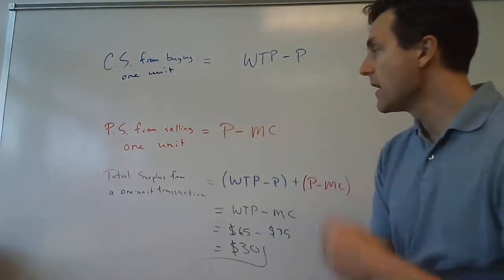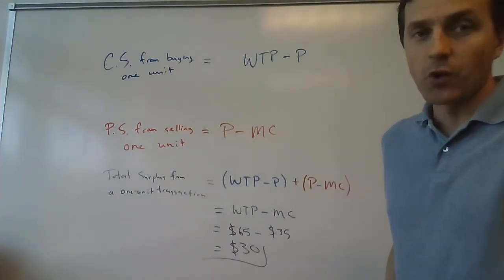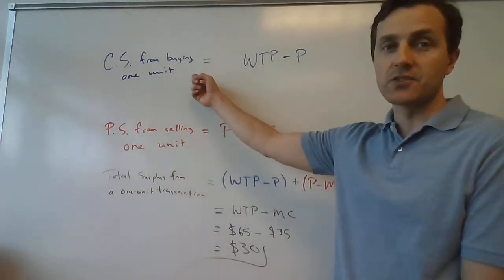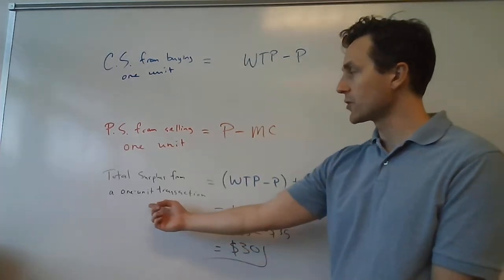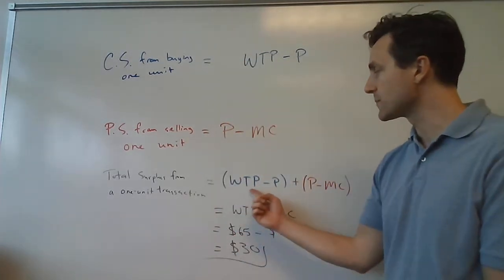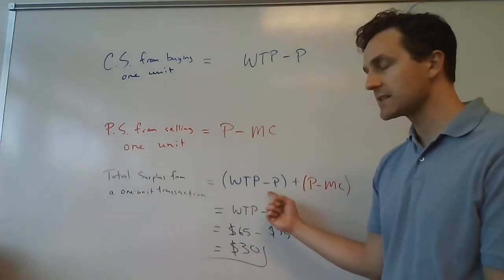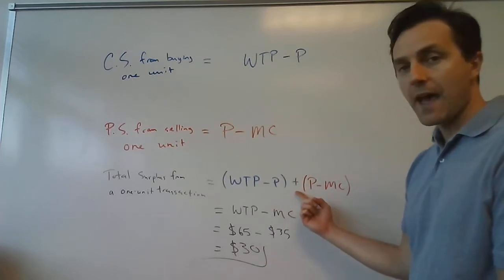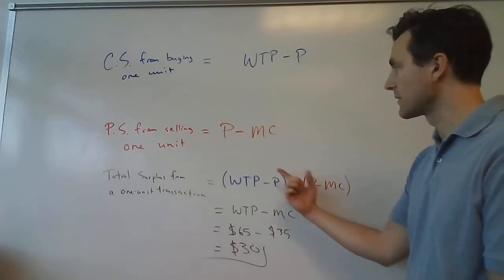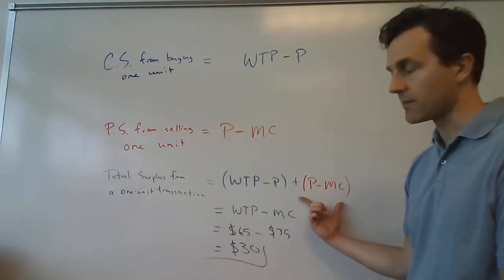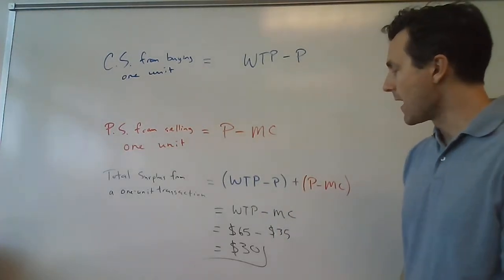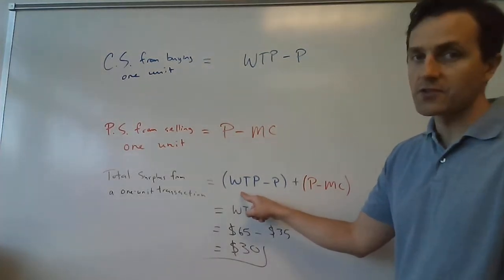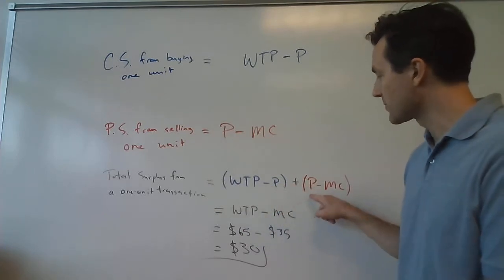or service. Of course, the total surplus from such a transaction is just the sum of the consumer surplus and the producer surplus. So the total surplus from a 1-unit transaction is the willingness to pay for the 1 unit minus the price paid, that's the consumer surplus, in blue, same as up here. And then add to that the producer surplus, the price minus marginal cost. But notice we can simplify this: we have willingness to pay, or the marginal benefit, minus the price, plus the price minus the marginal cost.